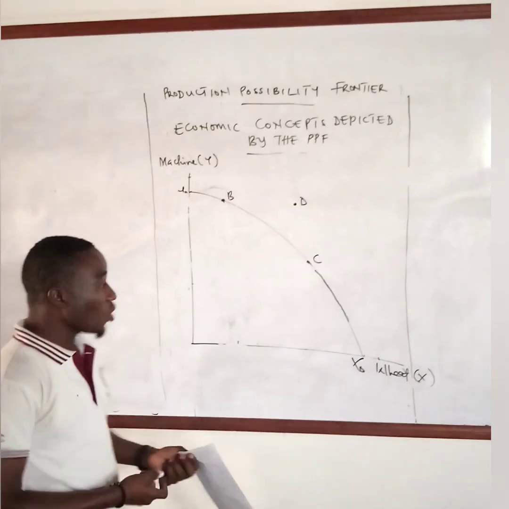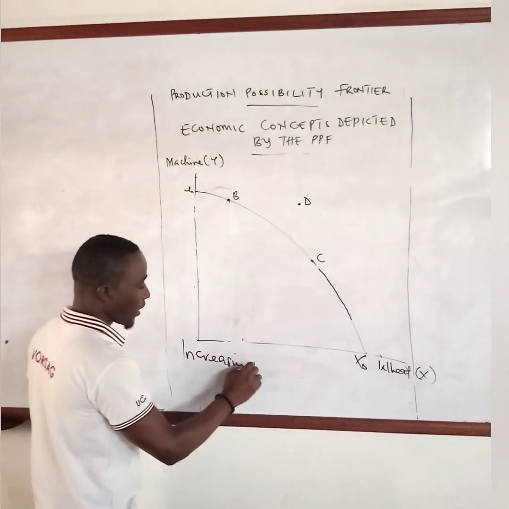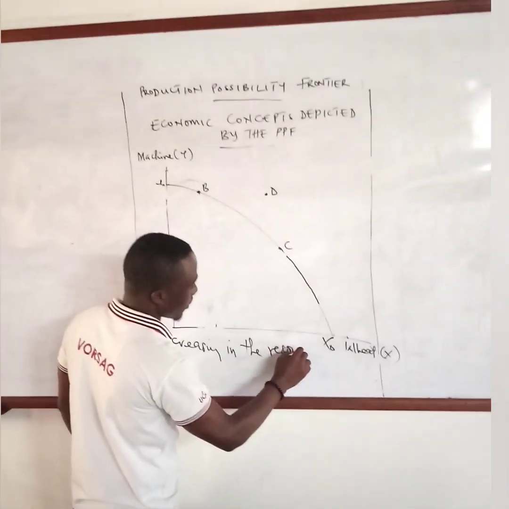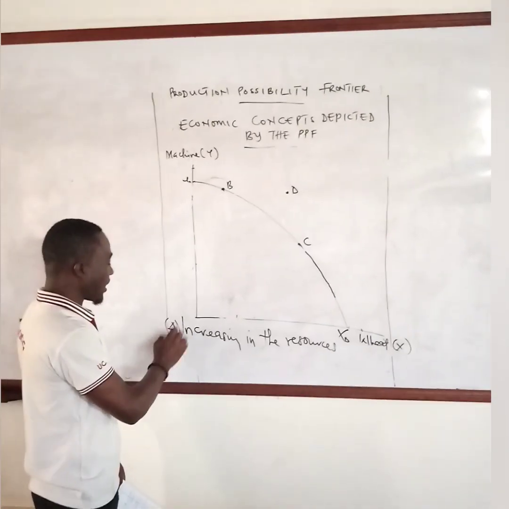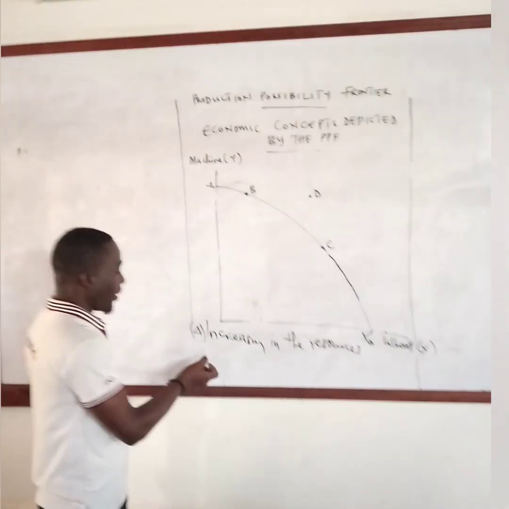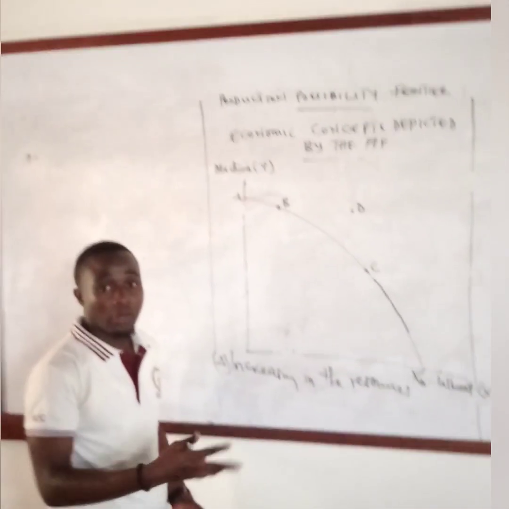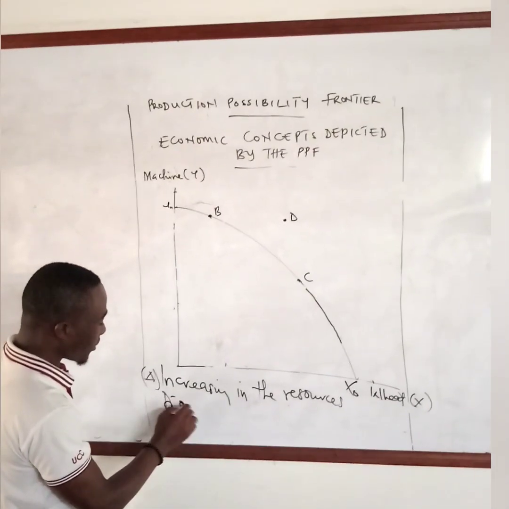So anytime there is an increase in the resources, so I'm using increase as one part, it can be changed. So in this case, I'm talking about an increase in the resources we use in the production of either of the goods or both of them, we can get to point D. And the other thing is the discovery of new technology.